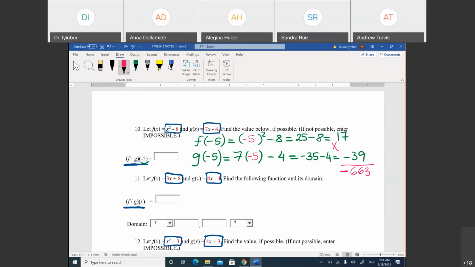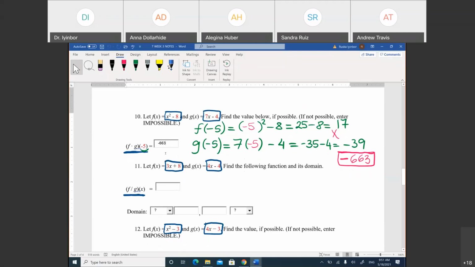Yes, negative 663. That's your answer. When you multiply 17 times negative 39, it's going to be negative 663. Okay, everybody good? Any questions? So that's how you do the one when you plug in a number.